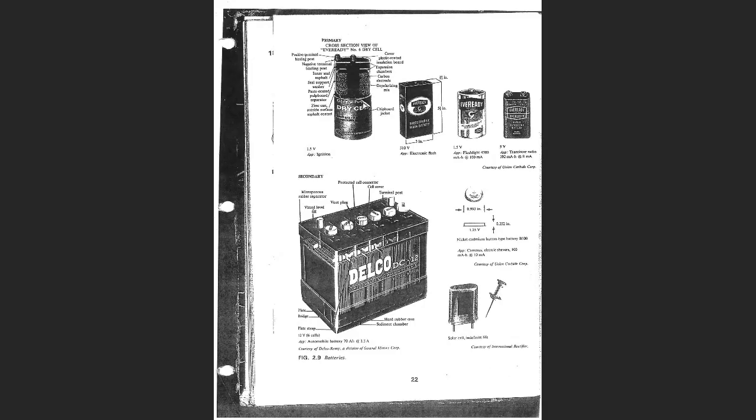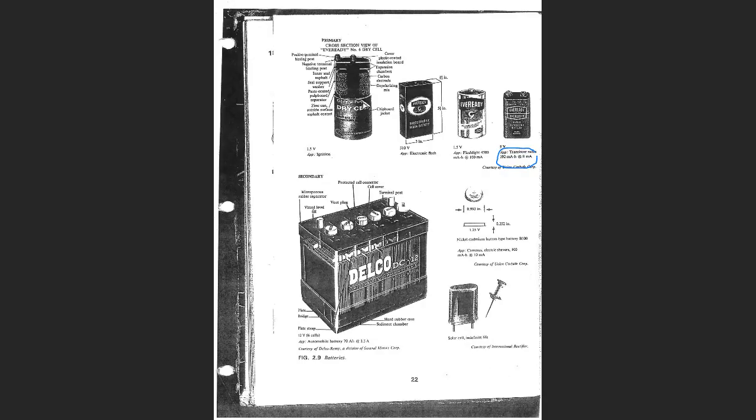Look at this one. That's called a transistor radio battery. And if you look right here at the bottom, they actually have the amp hour rating. This is a milliamp hour rating. I think it's 392 milliamp hours at 8 milliamps.